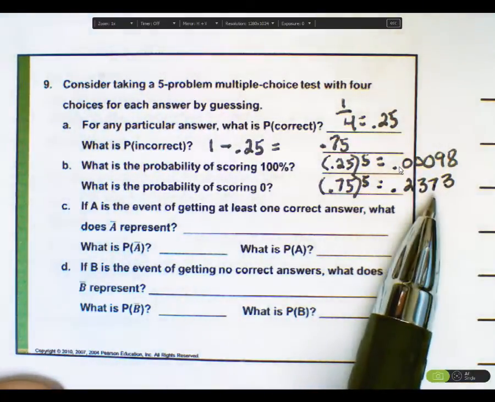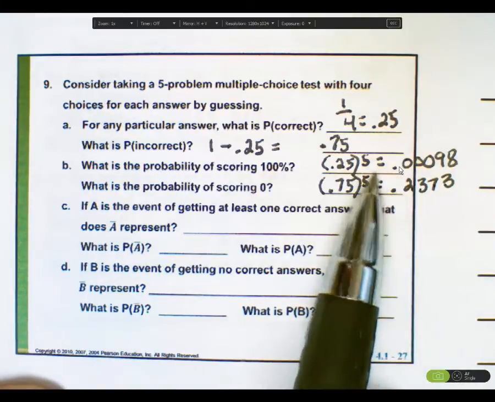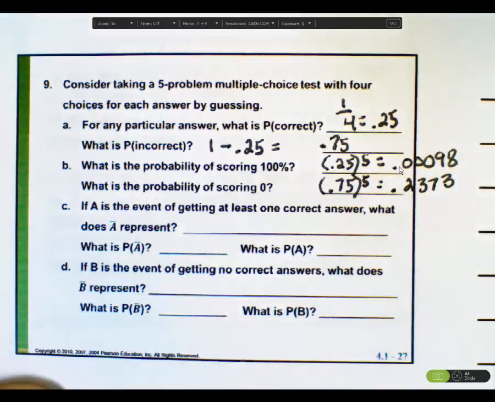I have a much, much higher chance of scoring 0 than I do of scoring 100. There's about a 24% chance that I'm going to make a 0 on the test.